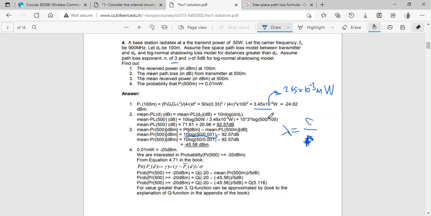That is why we do not change this value into dBm, because the value that you have calculated is basically the dB value of the ratios.